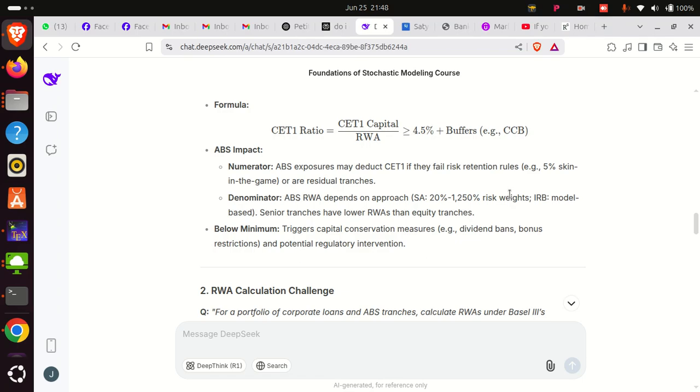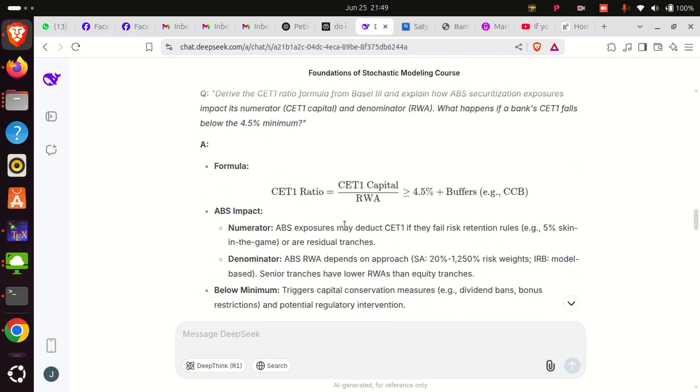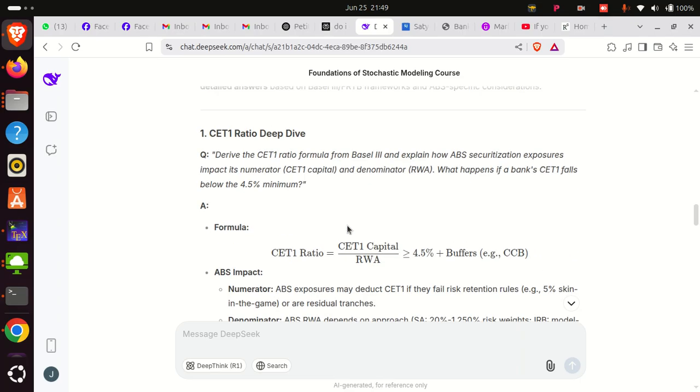So falling below the minimum triggers capital conservation measures, which is like what happens: dividend bans, bonus restrictions, and potential growth intervention. So this is how this ratio gets impacted, and we are looking at it mostly from the side of securitization.